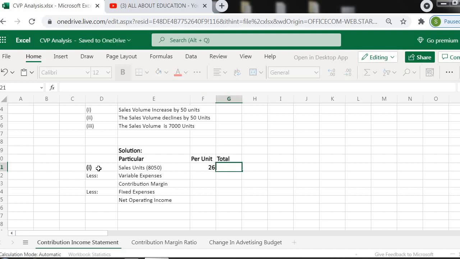To calculate total sales, the formula is we have to multiply total units, which is 8050, by 26, which is the per unit cost. So what we get? 2,09,300.